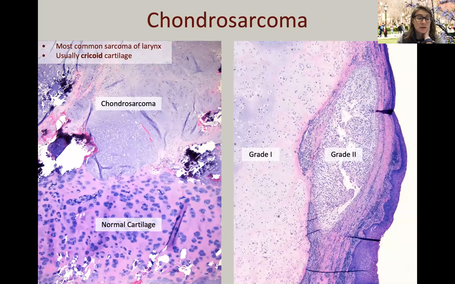We will mention a cartilaginous neoplasm of the larynx, i.e. chondrosarcoma. Mesenchymal neoplasms of the larynx are extremely rare. However, if you are going to have a mesenchymal neoplasm, it's probably going to be a chondrosarcoma.